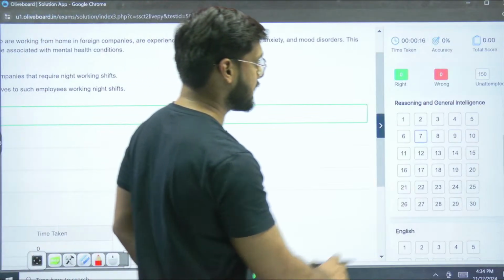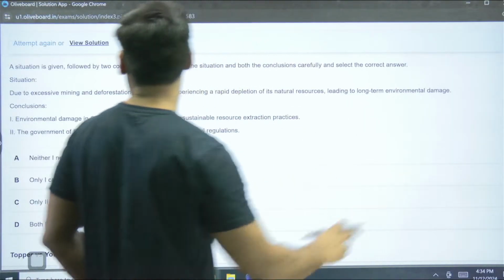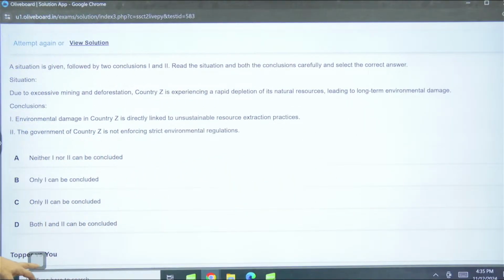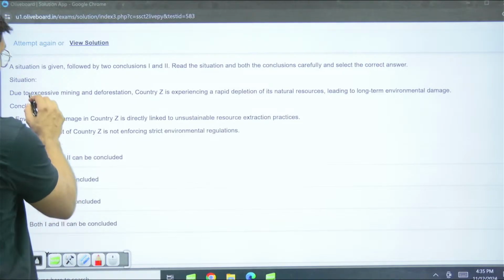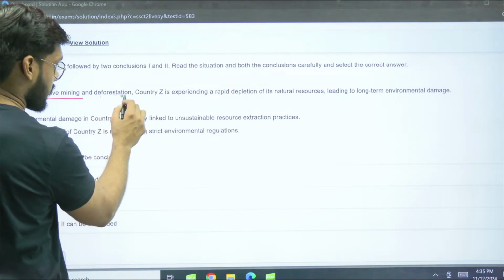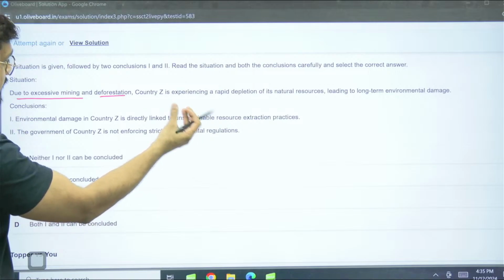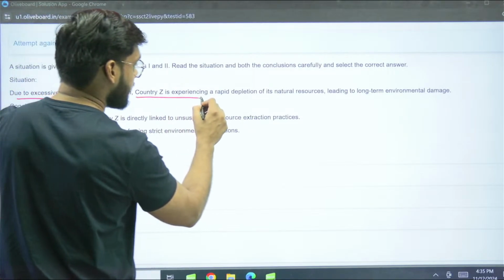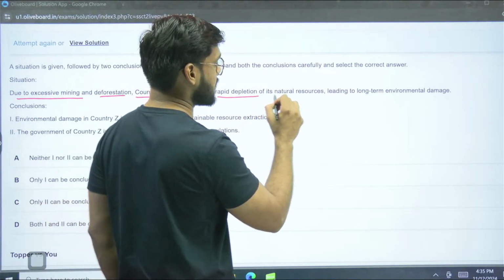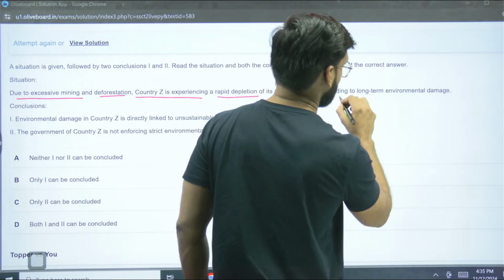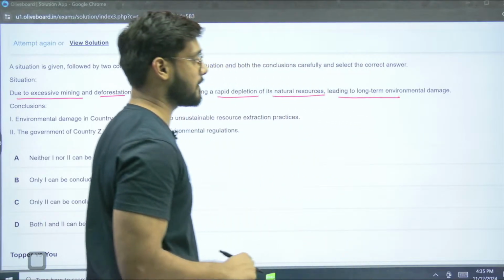Next, 8th question on our screen, again from the critical reasoning. Situation is due to excessive mining and deforestation. Due to excessive mining and deforestation, country Z is experiencing a rapid depletion of its natural resources, leading to long-term environmental damage.